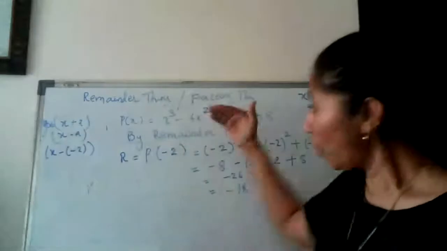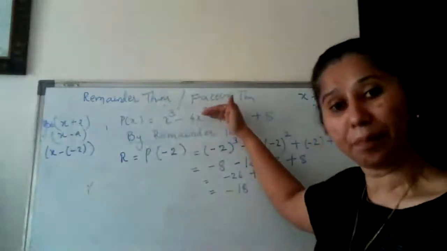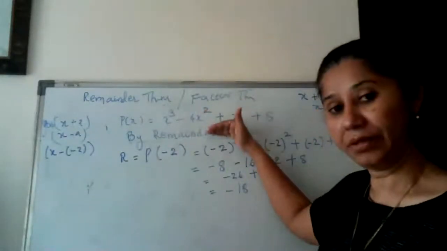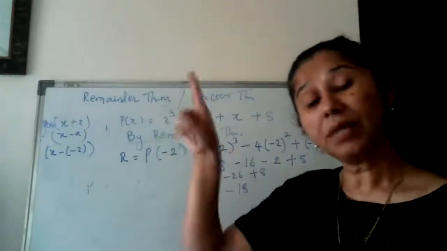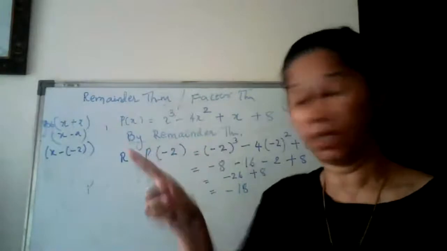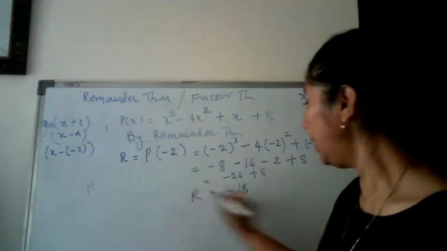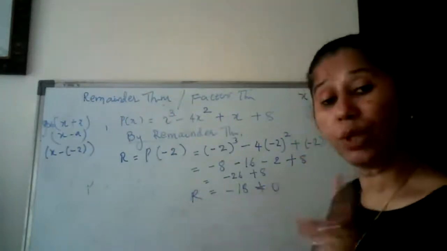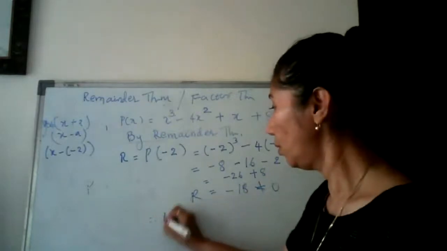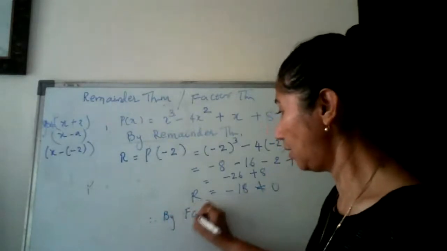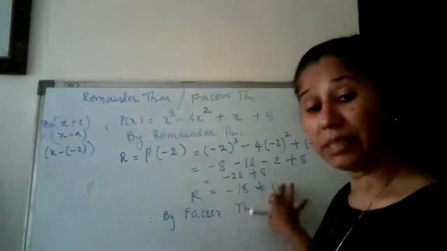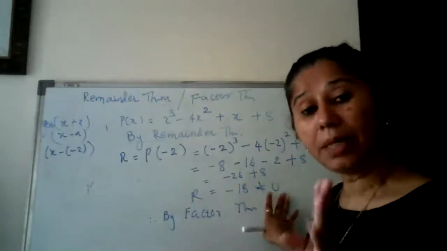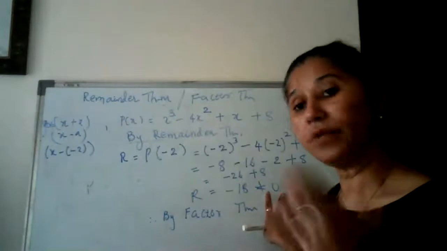तो अब आप क्या करोगे? आपका सॉल्यूशन सेम शुरू होगा. पहले आप p(x) लिखोगे, फिर रिमाइंडर थ्योरम, फिर आपने रिमाइंडर फाइंड आउट किया. अब फैक्टर थ्योरम क्या कहता है? रिमाइंडर 0 होना चाहिए. पर यहाँ पे रिमाइंडर क्या है, 18, which is not equal to 0 and therefore by factor theorem क्या कंक्लूजन करोगे आप? जब आपका रिमाइंडर 0 है तो आप क्या कंक्लूड करते हो? इट इज अ फैक्टर.